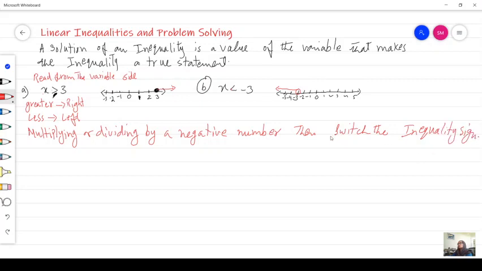Switching the inequality sign means if my inequality sign is in this direction, then you're going to move it to that one. That's what I meant by switching the inequality sign.